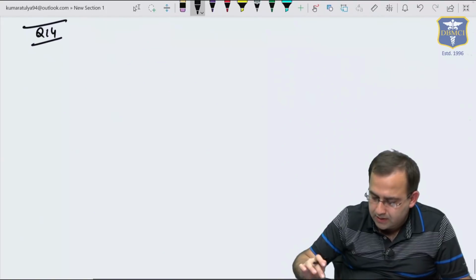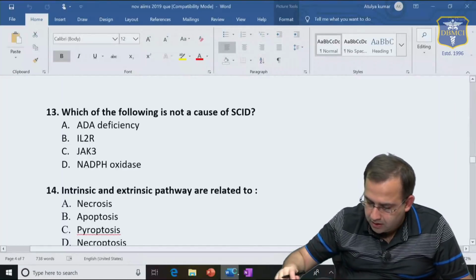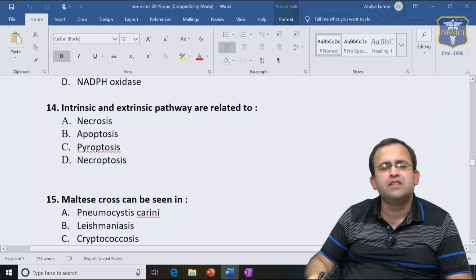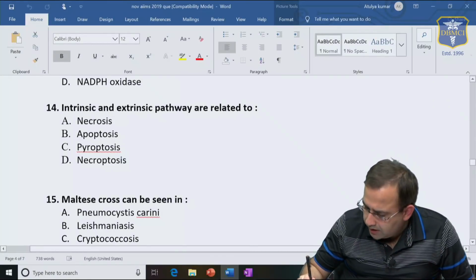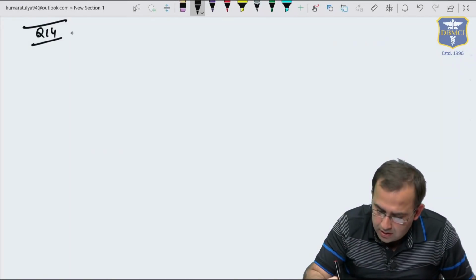Next, this gets us to our next question, that is question 14. Intrinsic and extrinsic pathway are related to apoptosis.